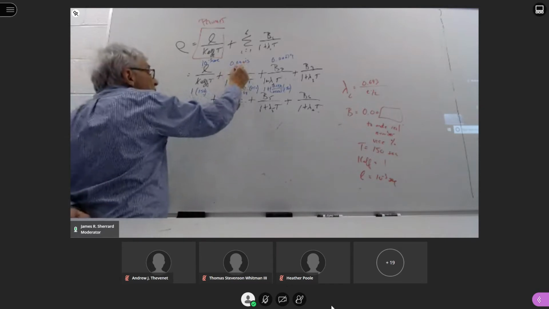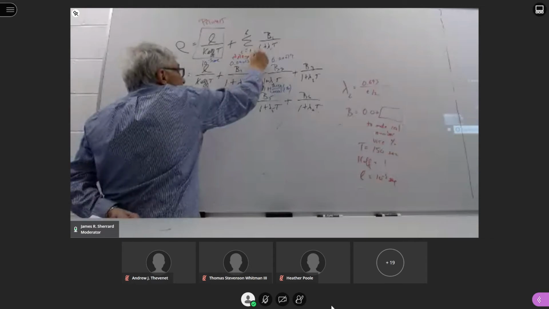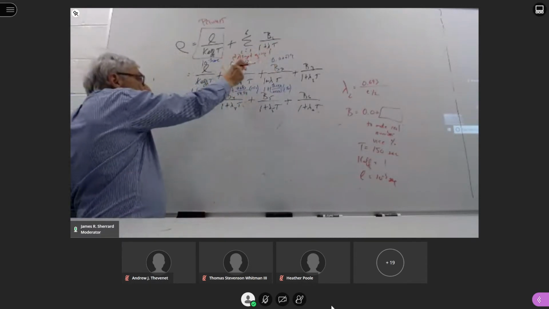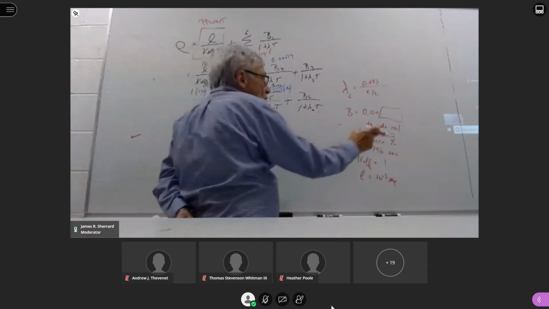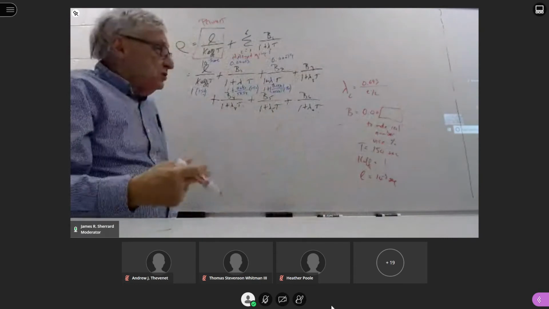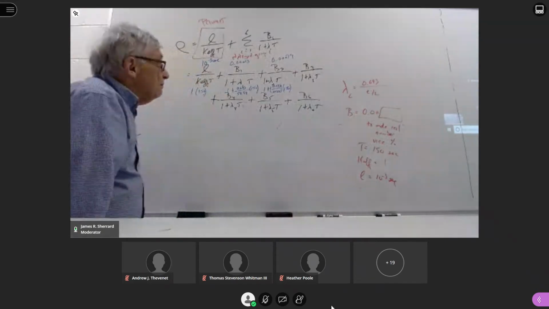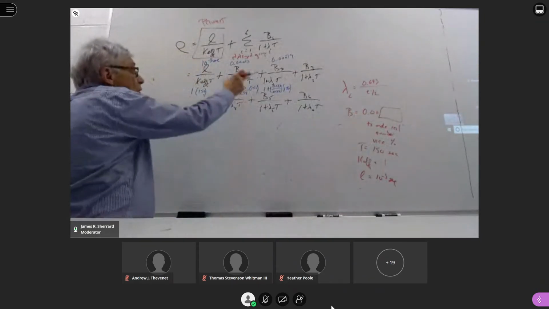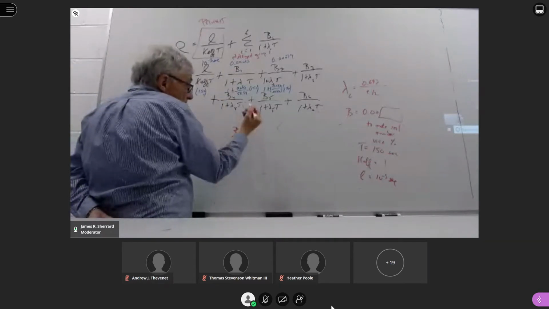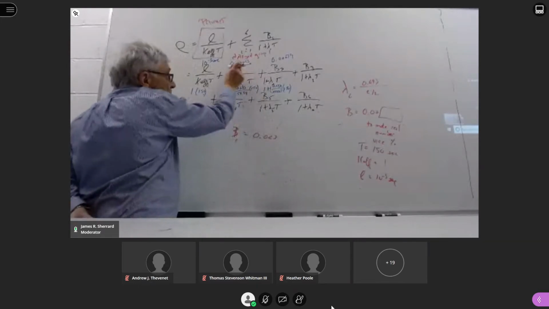When I go to look at the contribution, this is delayed group 1. So for the beta 1 value, I'm going to take whatever that value is from a table I've given you, which is typically in a percent, and then I have to add 2 zeros in front of that to make it a real number. So beta 1 from our table was 0.023, so I have to add 2 zeros to come up with that.